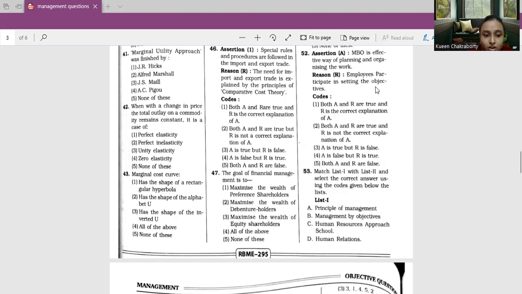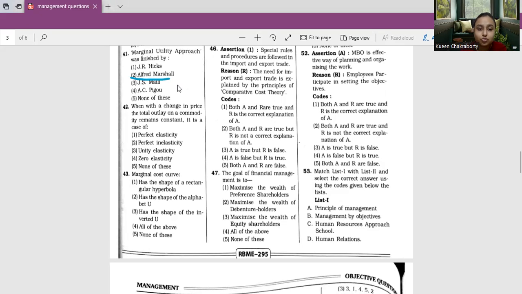Marshall later actively mischaracterized the criticism that the costs were themselves ultimately determined by marginal utility. Anyways, since Marshall was so much related to this, we say the marginal utility approach was finished by Alfred Marshall. Option number 2 is the correct answer.